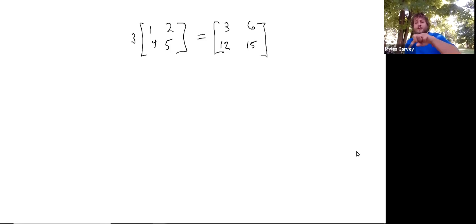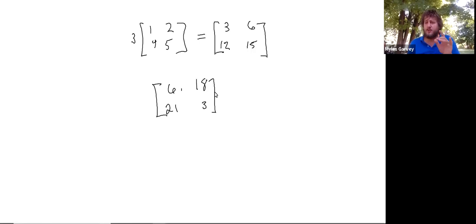And oh, by the way, you can go the other way. So suppose I had the matrix 6, 18, 21, and 3. You'll happen to notice that all of these numbers here are divisible by 3, right?